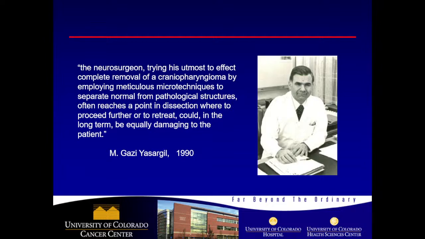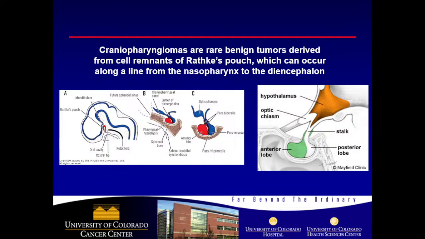They arise from Rathke's pouch in embryology. The pituitary gland arises about 7 weeks gestation, and these craniopharyngiomas can occur anywhere along the migration path of the pituitary stalk.